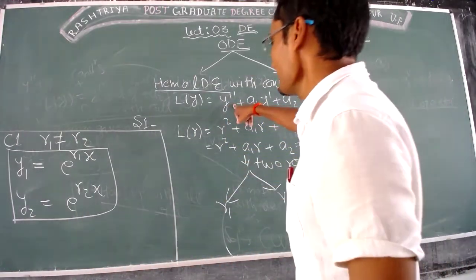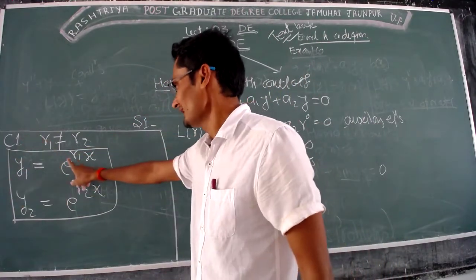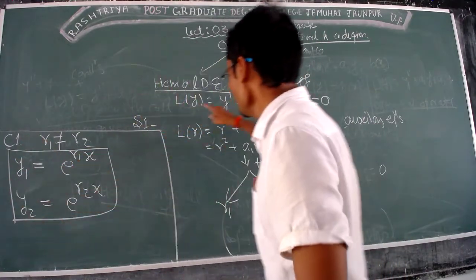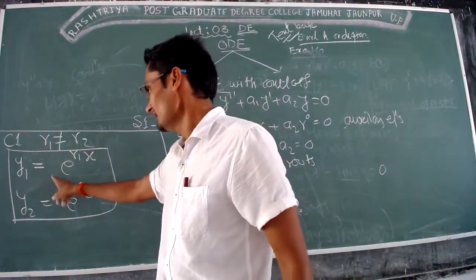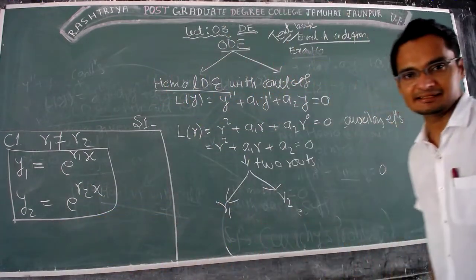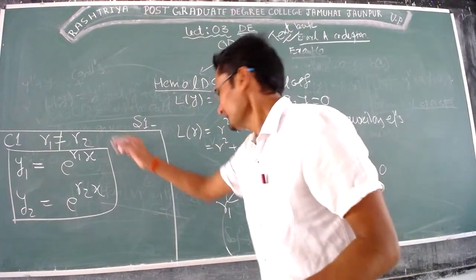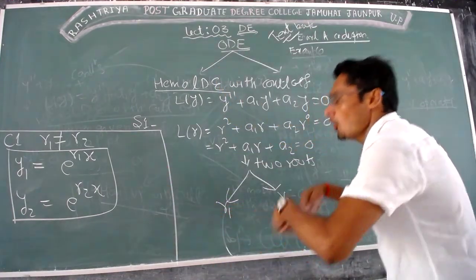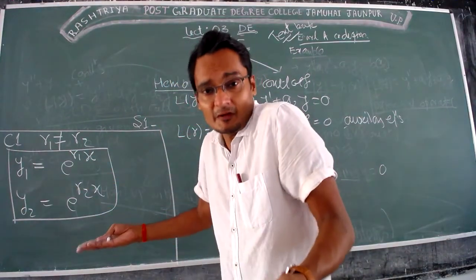This is a quadratic, so we will get two solutions, y1 and y2. If it is a cubic, then we will get three solutions, r1, r2, r3, and then e raised to the power r1x, r2x and r3x. What if they are the same?